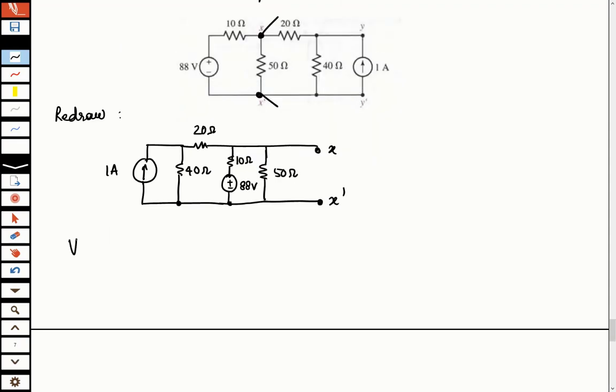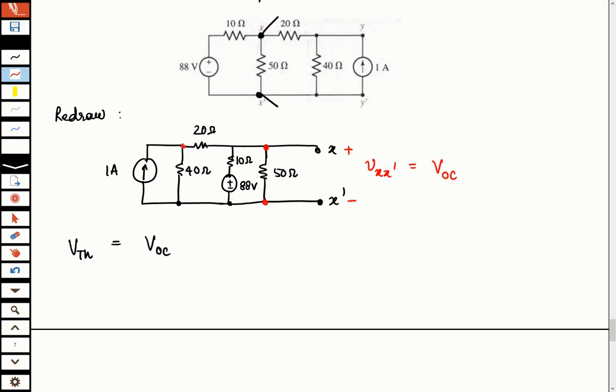So what should be VTH? VTH is the open circuit voltage across this point, right? So Vx dash, like potential across these 2 points. That is what is Vx dash. That is VTH or VOC. How do you find that? Let's use KCL, simplest possible tool.